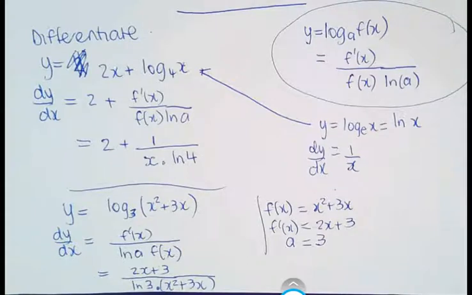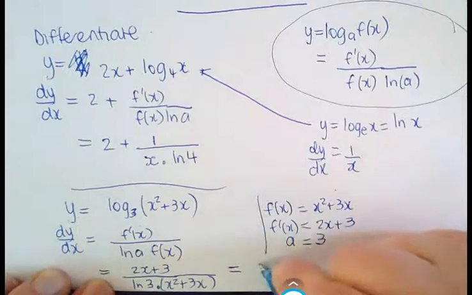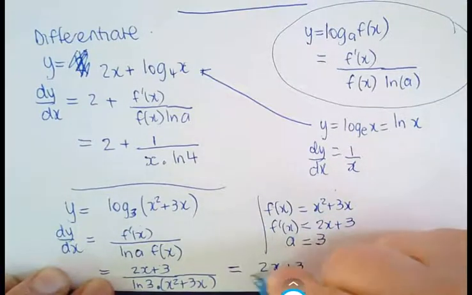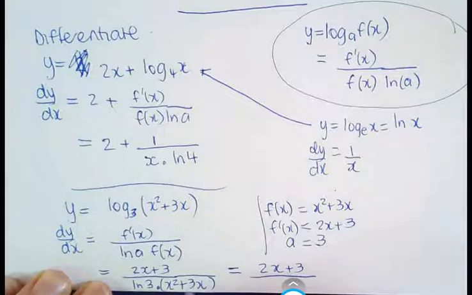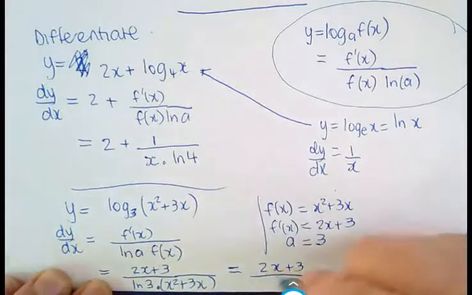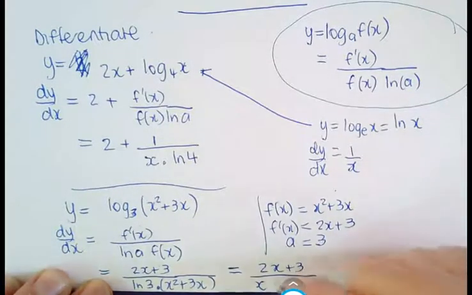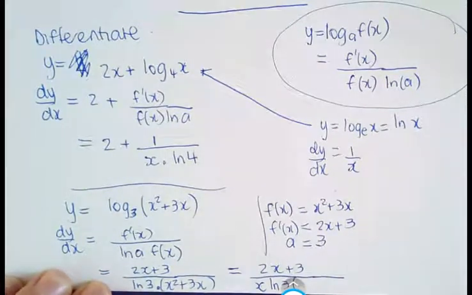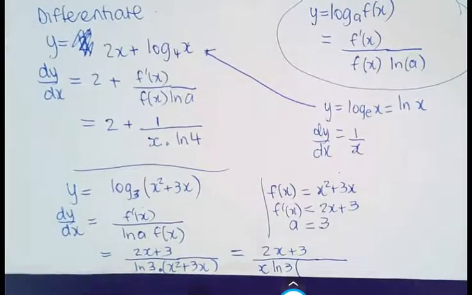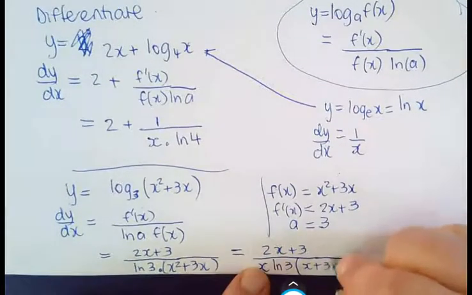No. You could pull out an x as a common factor. So I could go 2x plus 3 over, can you see how I've got x squared plus 3x and x is a common factor? I could pull that out to the front. X ln 3, what else would I write now? If I pull out x as a common factor, x plus 3, if you wanted.